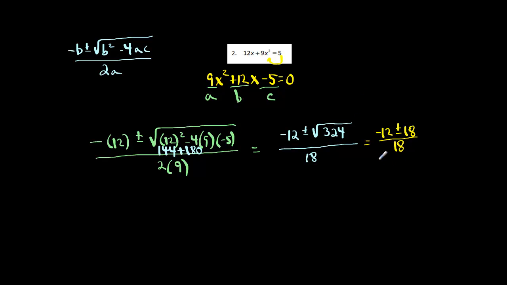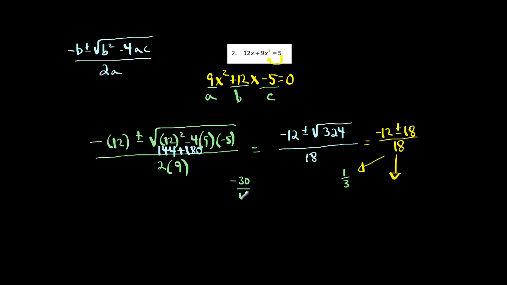So that's going to give us two solutions. -12 plus 18 is 6. 6 divided by 18 is 1/3. Negative 12 minus 18 is negative 30. Negative 30 divided by 18, you can do that out over here if you want.